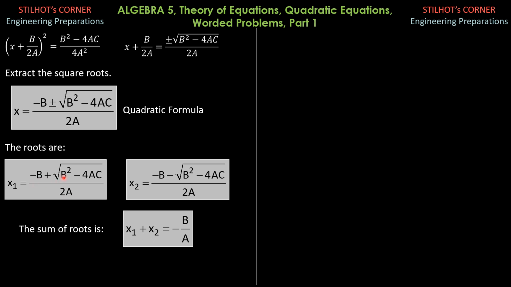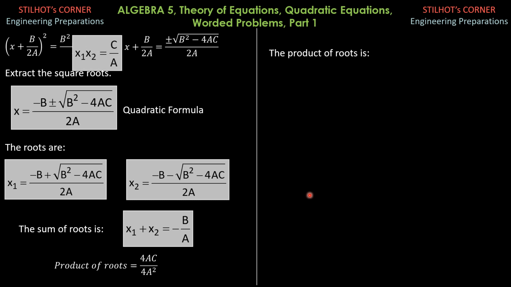Since we can eliminate b squared, then we have negative of negative 4ac. So the product of the roots would be 4ac all over 4a squared. I hope that you can follow. So 4ac over 4a squared simplifies to c over a. The product of the roots, therefore, x1 times x2 is c over a.